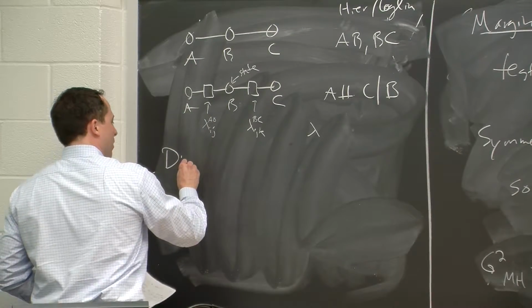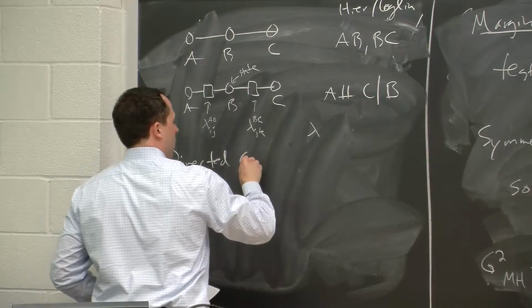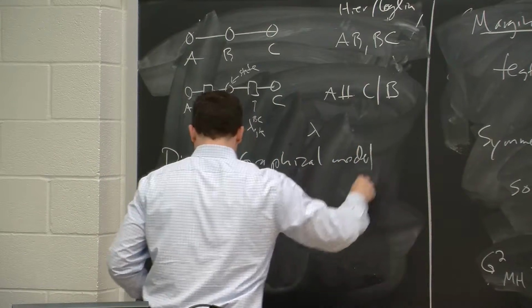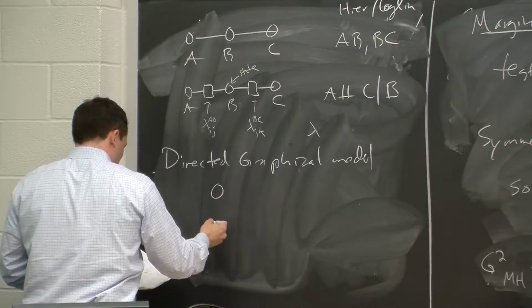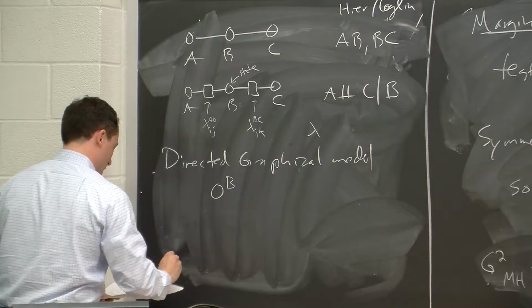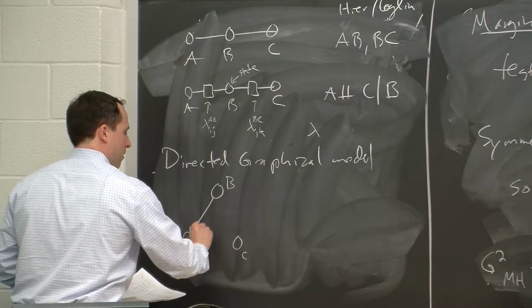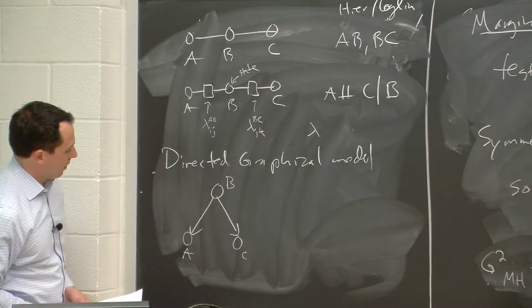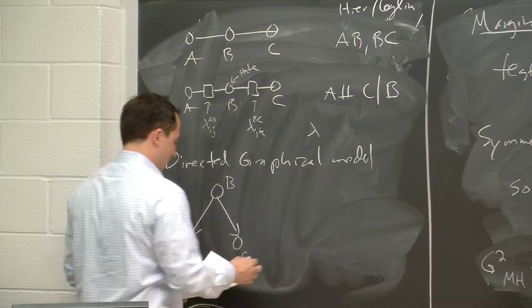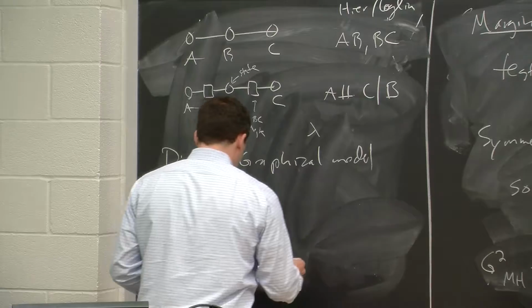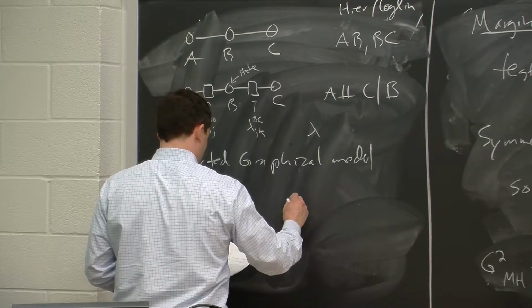Just to show you what a directed graphical model looks like. That's similar. We could have a variable B, variables A and C, and there's a directed graph on these three variables, and it has associated to it a directed factor graph.